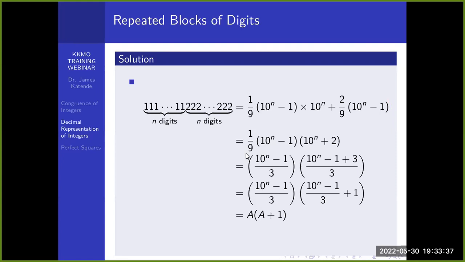So you can simplify this further. After a bit of work, you can move from here to here. You will notice that this number, this 10 raised to n minus 1 is common. It's also here. So when you pull it out, whatever is left in the bracket simplifies to this, right?